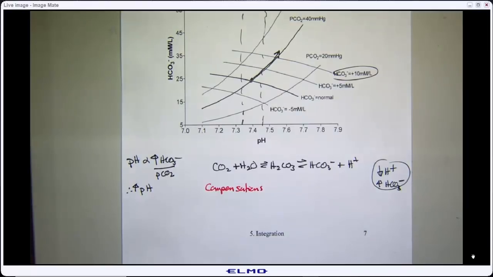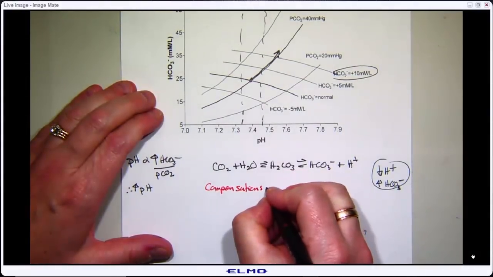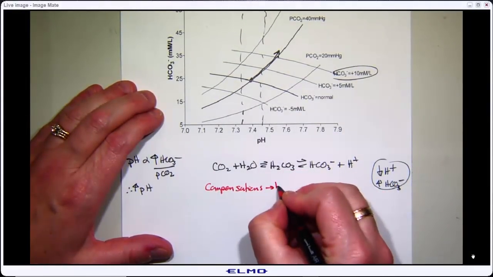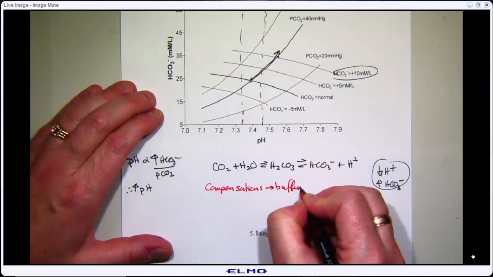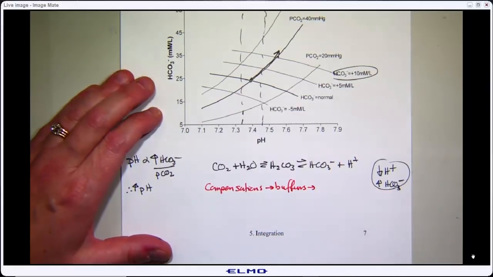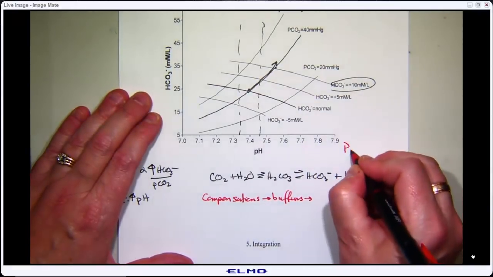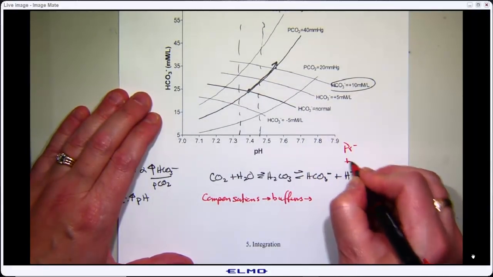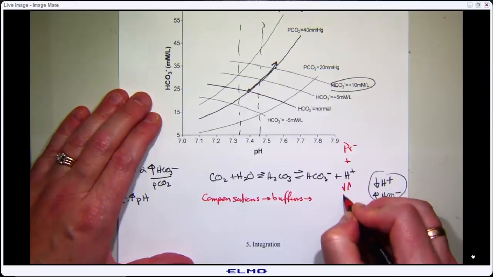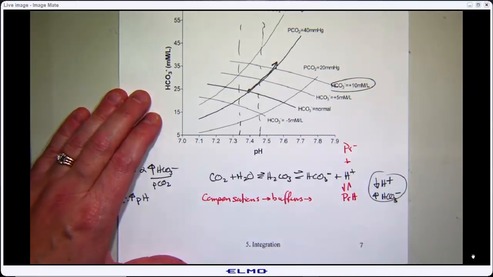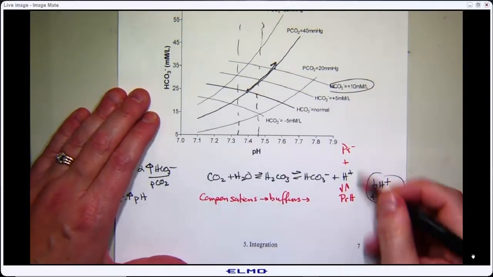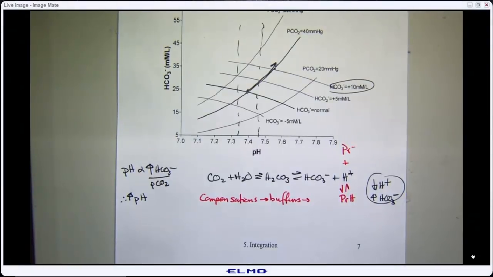Okay, so when we think about our compensations, milliseconds to seconds time scale, first is going to be our buffers. Okay, so what's going to happen here? What's going to happen with our protein buffer pool?